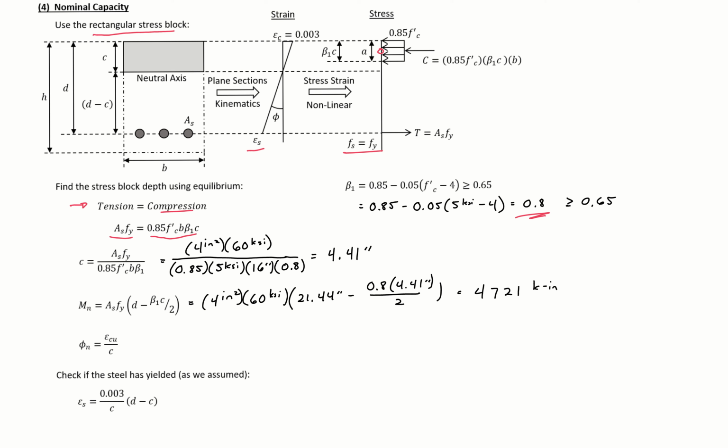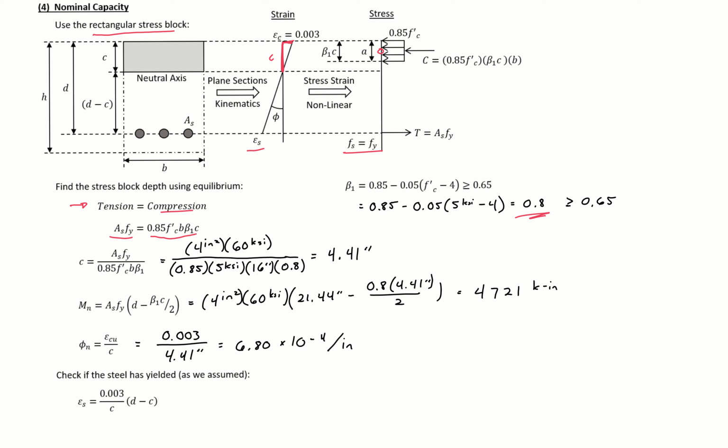We can then also find our curvature, which will use our strain at ultimate and distance C to our neutral axis. So we'll find our curvature to be 0.003 divided by C, 4.41 inches, which will give us a curvature here of 6.80 times 10 to the negative fourth radians per inch.